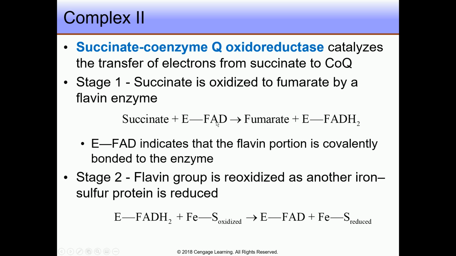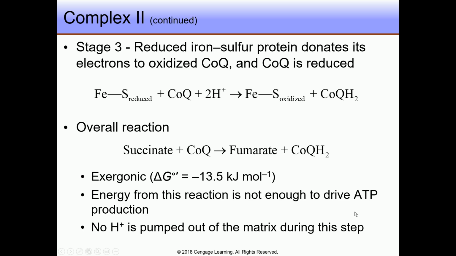So succinate is oxidized to fumarate, and it takes place with the help of the enzyme called succinate dehydrogenase. FAD is basically the coenzyme in the succinate dehydrogenase, and this basically carries the electrons and gets converted into FADH2, and then this flavin group is reoxidized, and it delivers the electrons to the protein with iron and sulfur in it.